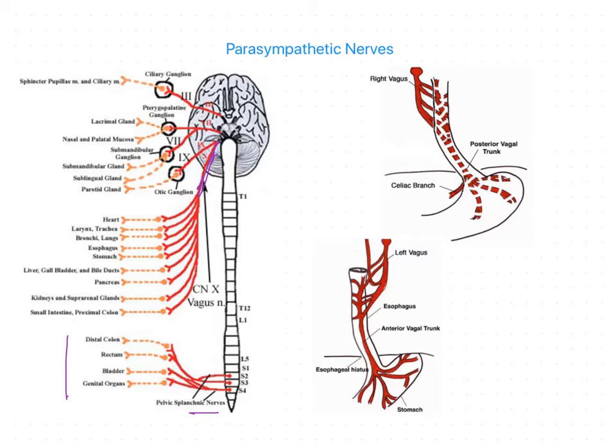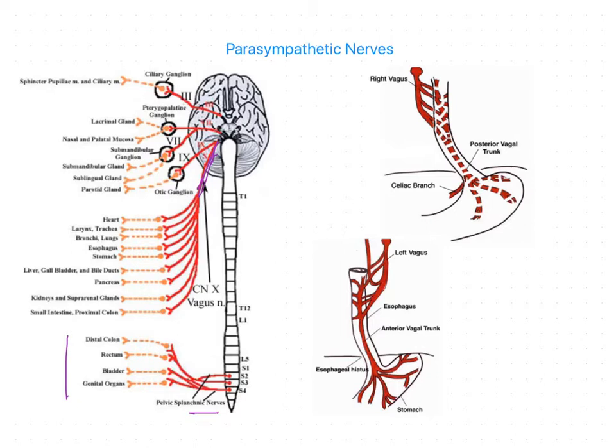And normally the right vagus supplies the parasympathetic supply to neck, thorax and abdomen, isn't it? Yes. Now, during development, the rotation of the foregut structure results in the right vagus nerve being on the posterior vagal trunk, whereas the left vagus nerve forms the anterior vagal nerve.